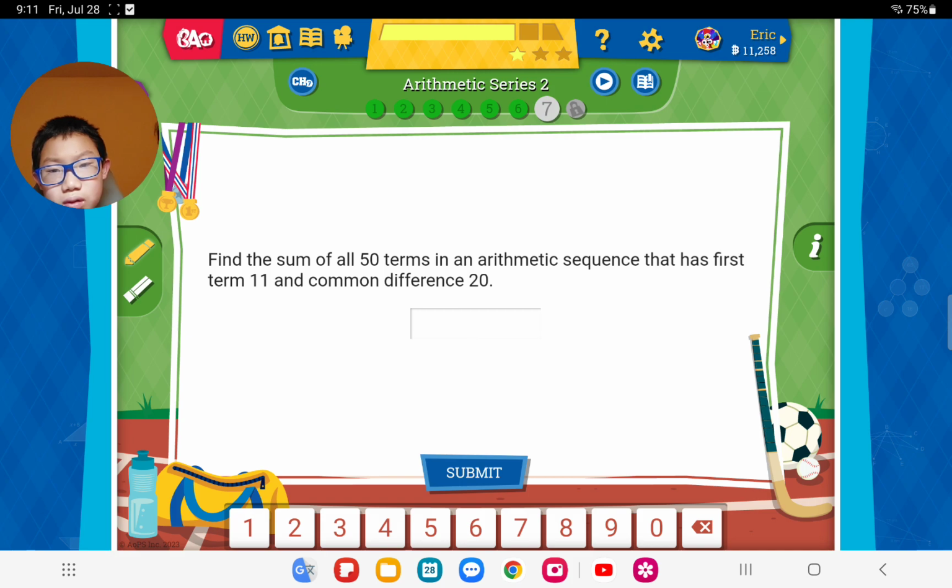The first term is 11. What's the difference? 20. Can you list the first two numbers? 11 and 31. And keep going.